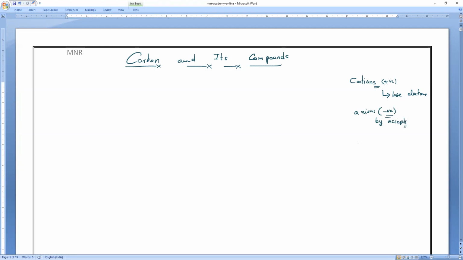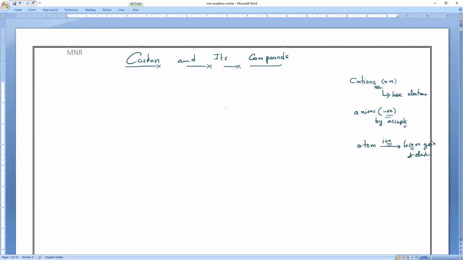So first remember, an atom will turn into an ion only by either loss or gain of electrons. If it loses, it will turn into a cation. If it gains, it will turn into an anion.